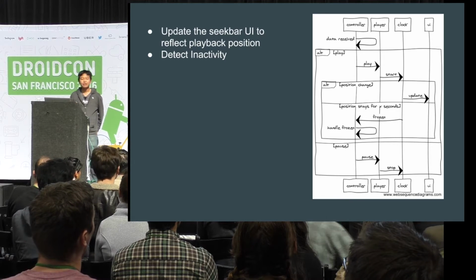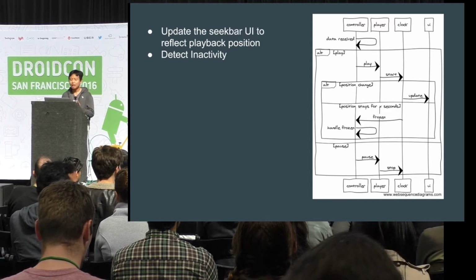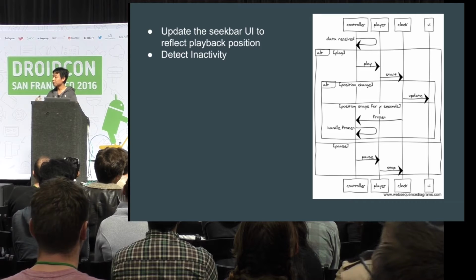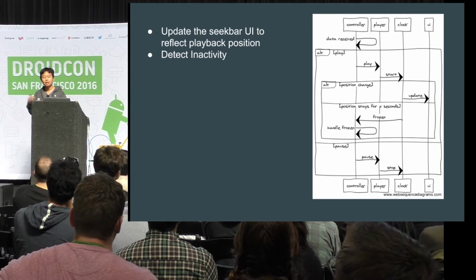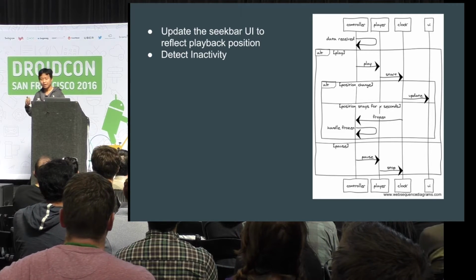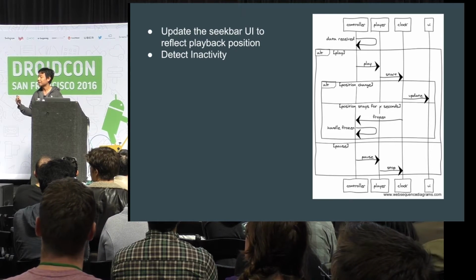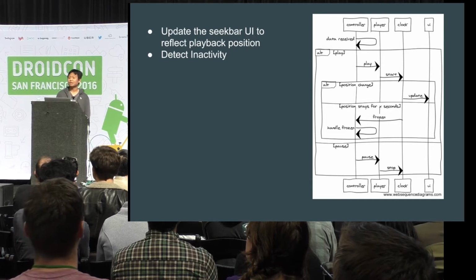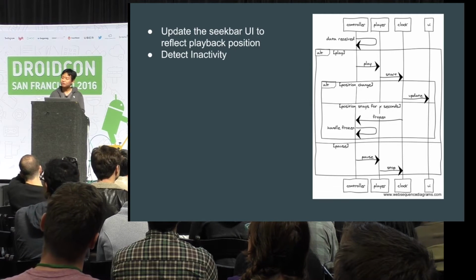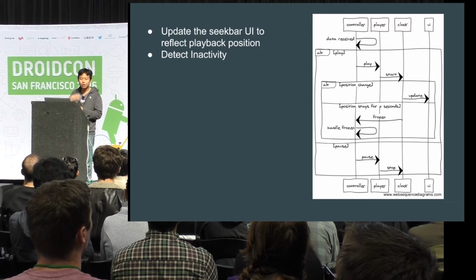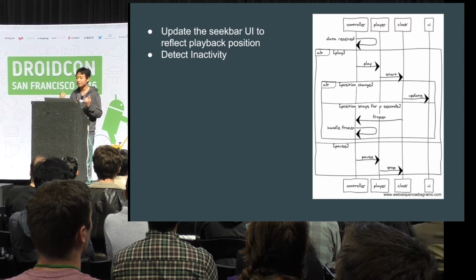And then the second thing, to make it more robust, can you detect inactivity? If you came to the previous talk about the video player, in a video player you always have a problem where the video gets stuck. So we want to be able to detect that and then do something about it, which is normally what the user does: try to reload the video, or go and refresh.